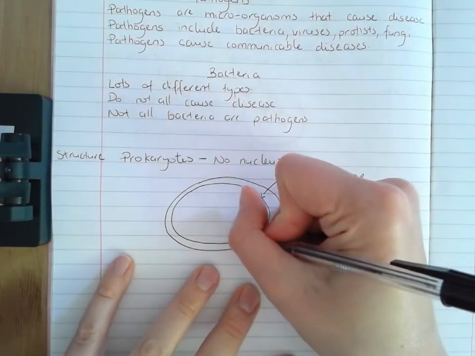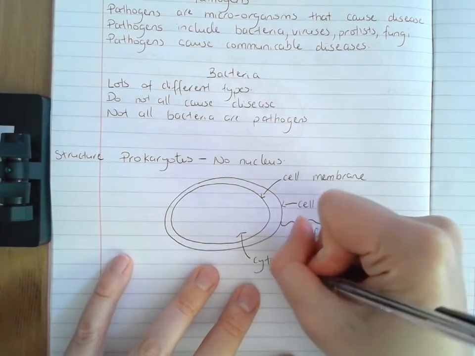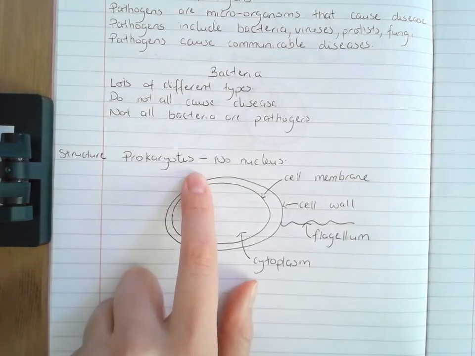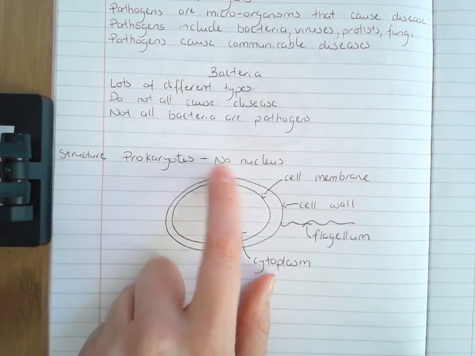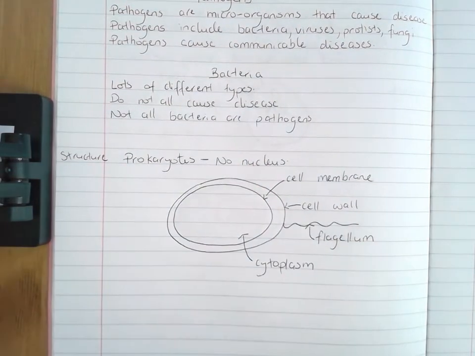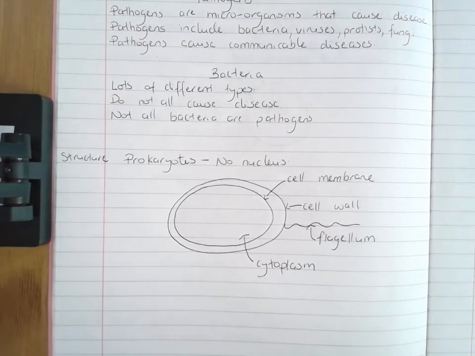You've got this jelly-like stuff in the center of cells called the cytoplasm, which you would see in animal cells and plant cells. Although we've written that bacteria have no nucleus, that doesn't mean they don't have DNA. In our animal cells, we have a nucleus, and within it you find DNA.